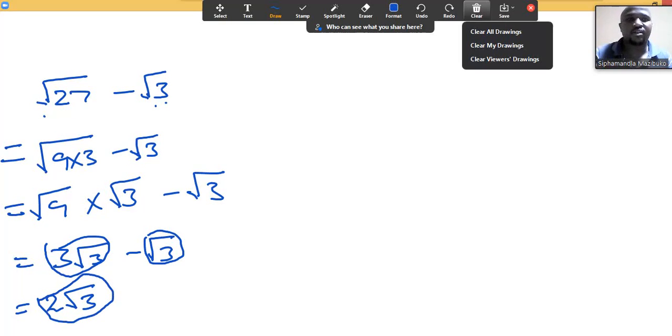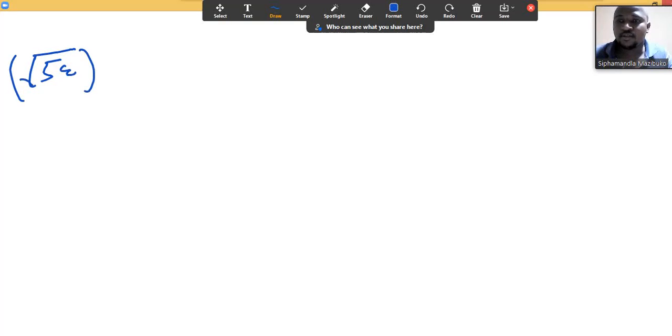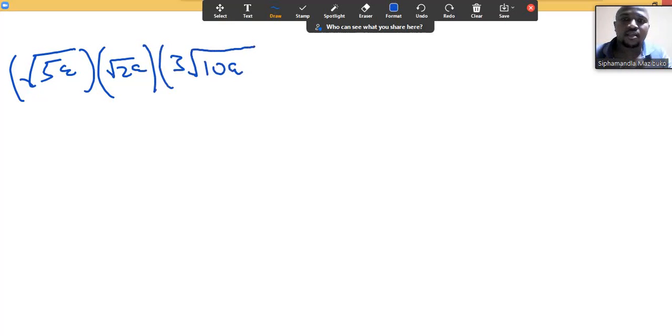Let's see our next example. Now we're getting something that is very interesting. We have root 5a times root 2a times 3 root 2a times root 5a.